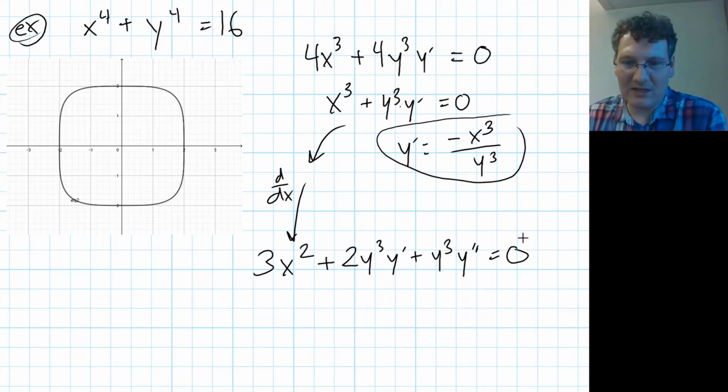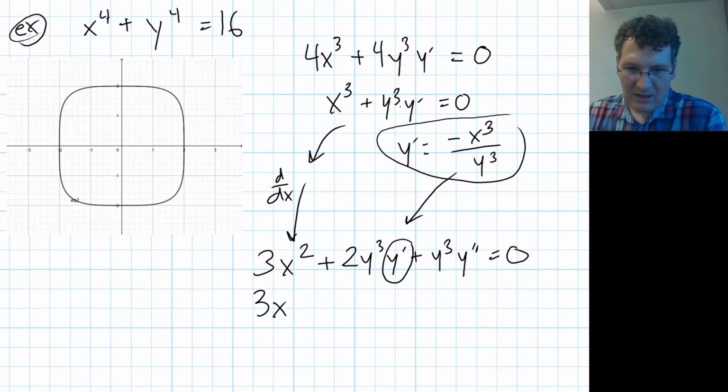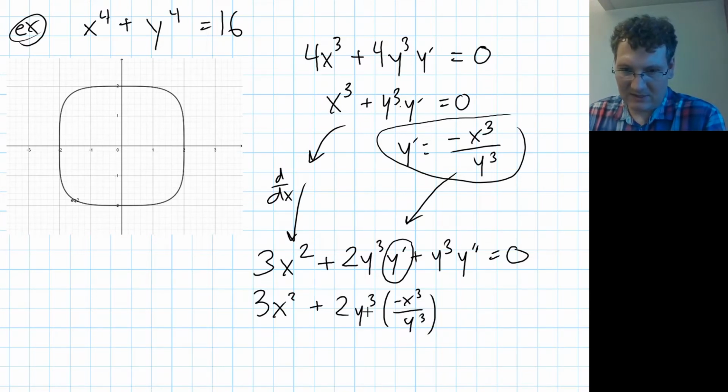If I want to solve for y double prime, what I need to remember is this y prime here, I can actually plug in this expression: 3x squared plus 2y to the third times negative x to the third over y to the third. That's actually kind of nice because the y to the thirds cancel.